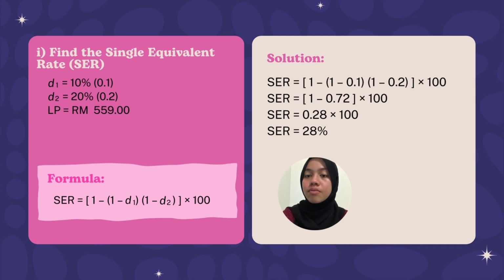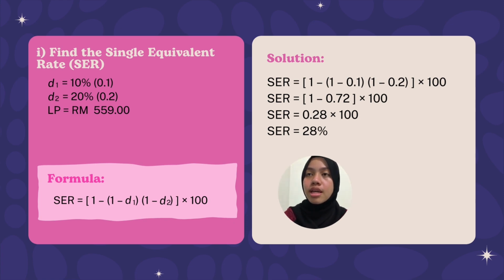List down all the information. D1 equals 10%, D2 equals 20%, and the list price is 559 ringgit. The formula for SER is SER equals open bracket 1 minus, in bracket, 1 minus D1, bracket, 1 minus D2, close the bracket, multiply 100.